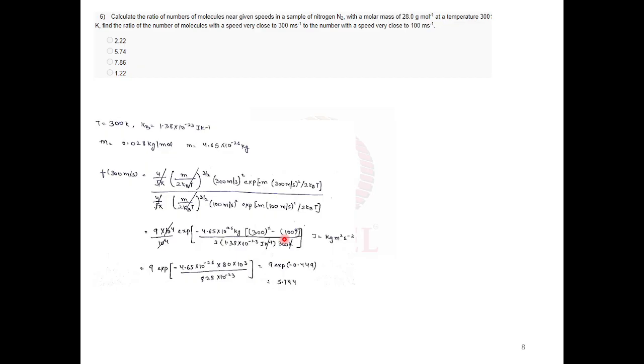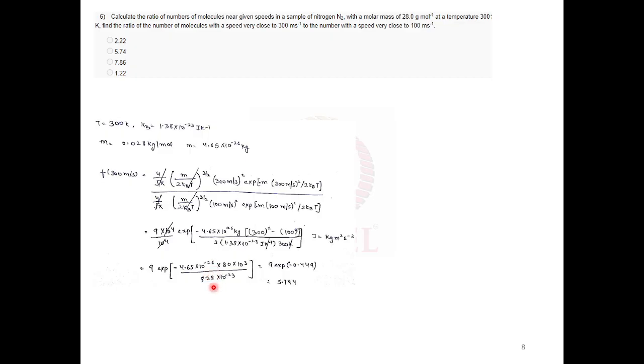So they did not use this one, so they directly calculated the value of this, 10 to the power minus 6 into 80 into, because a plus b into a minus b, so 400 into 200, right? So 80 into 10 to the power 3, right? And at the below you will get the value, this 2 k b T, 828 into 10 to the power minus 23. So here 23 gone, minus 23. Now we have this 4.65 into 80 by 828.